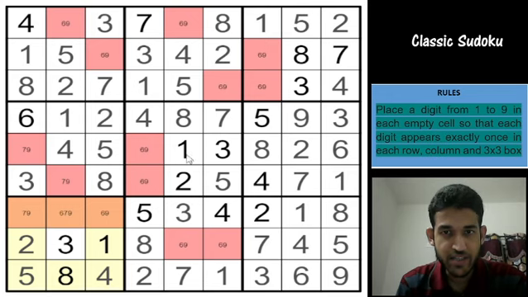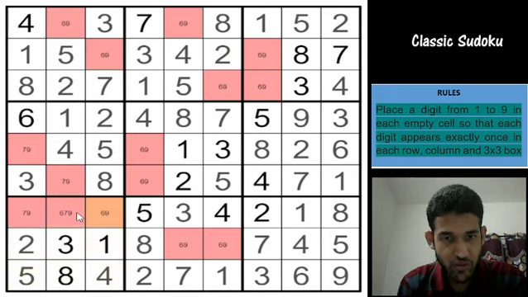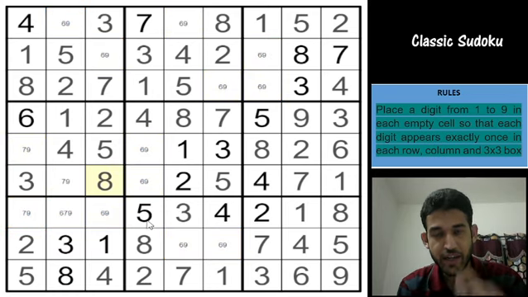But let us try to use some other technique to write the value here, because last time I used a bug technique, the Sudoku wasn't actually a unique one. So we'll try to use maybe some other technique here. Let me just see. Of course, I think simple coloring can be used.